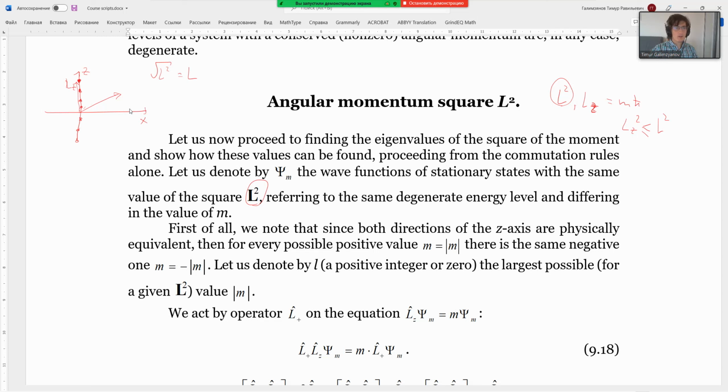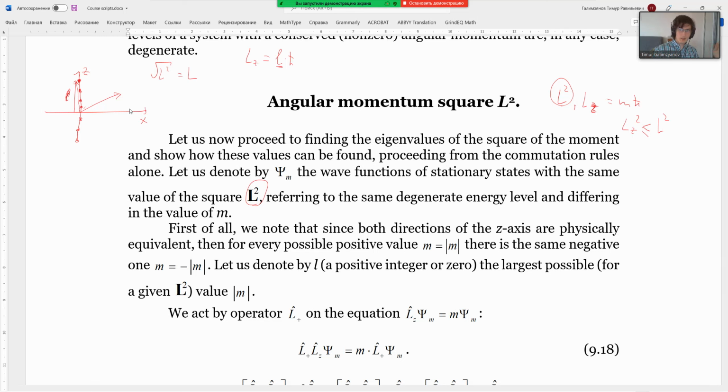However, let's look closer at this state. If we have Lz equal to L times h bar, where L is the maximal projection of angular momentum on the z-axis, in classical mechanics that is the maximal projection.